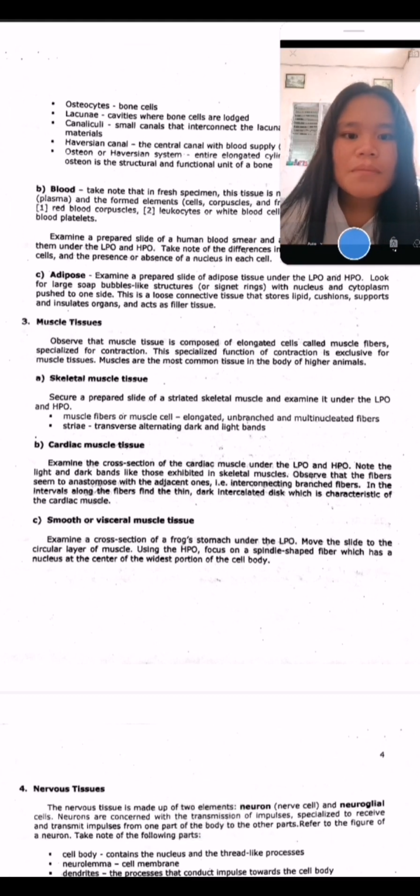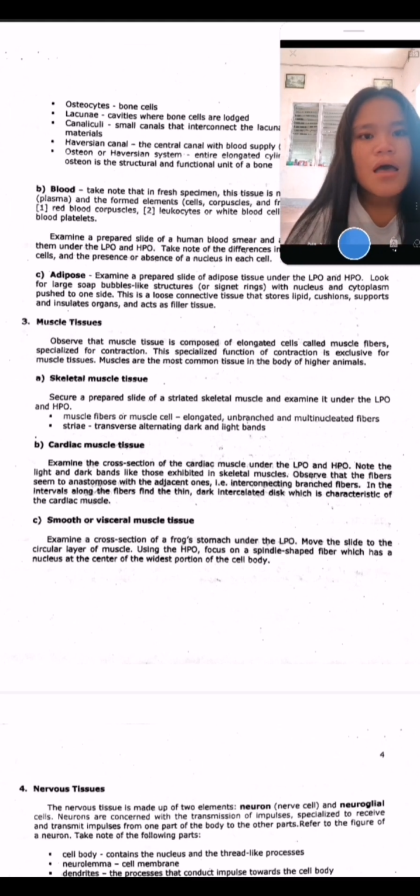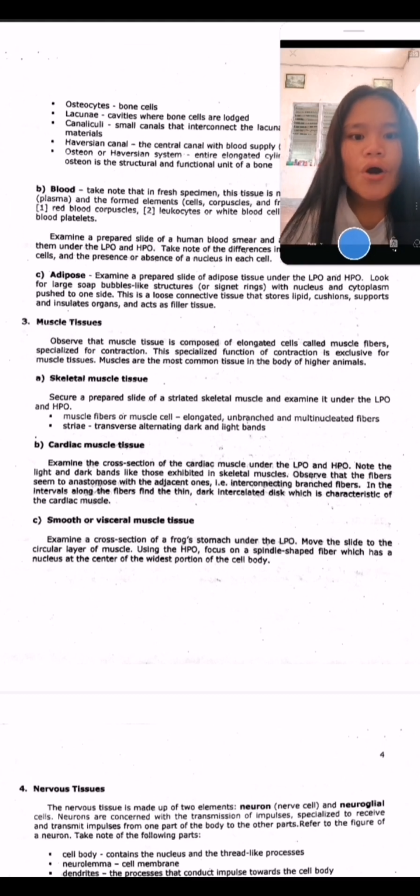So, cardiac muscle tissue. Examine the cross-section of the cardiac muscle under the LPO and HPO. Note the light and dark bands like those exhibited in skeletal muscles.